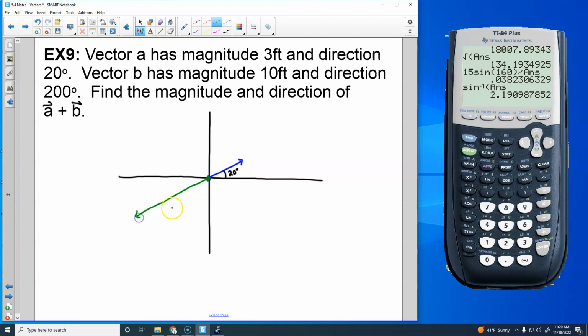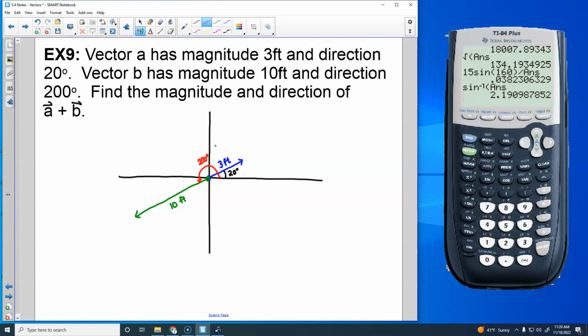So this is 10 feet, and this is 3 feet. So if we are at a 200 degree angle, it would be like all the way around here. And because those are exactly 180 degrees apart, if we subtract them, they're opposite vectors.